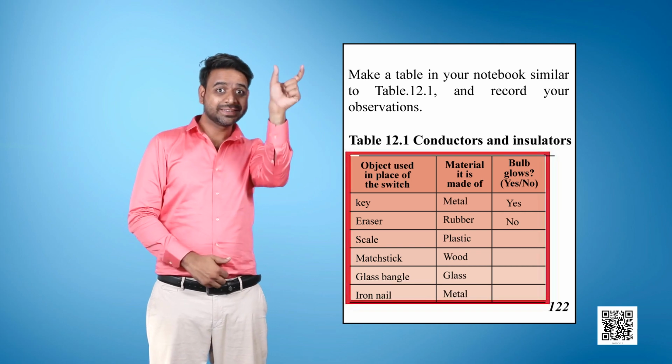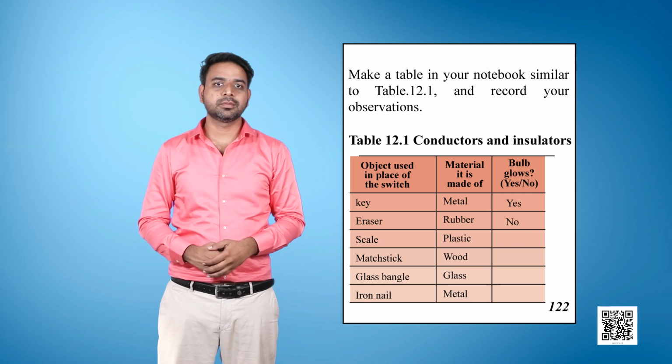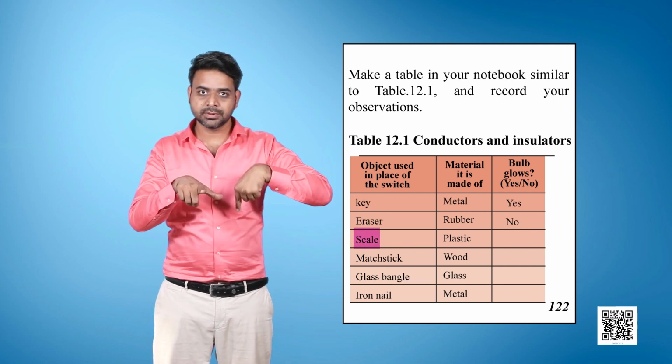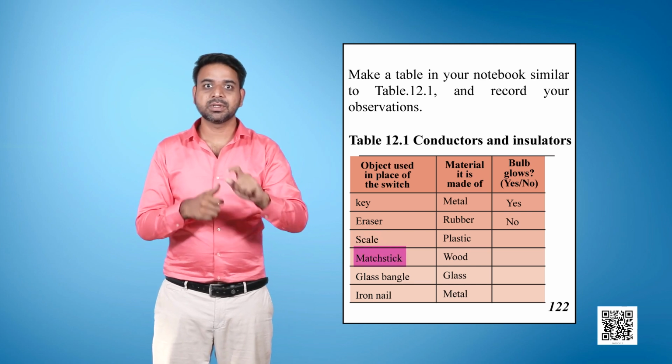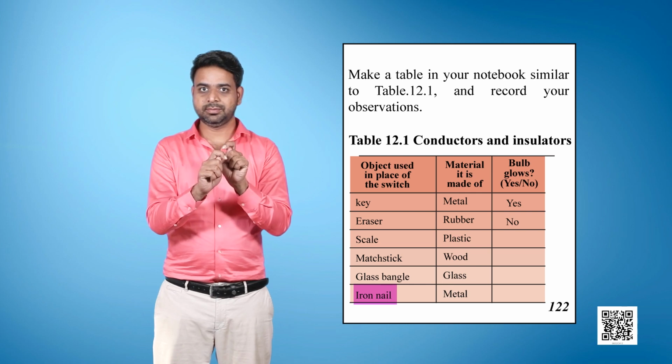The objects are key, eraser, scale, matchstick, glass bangle, iron nail.